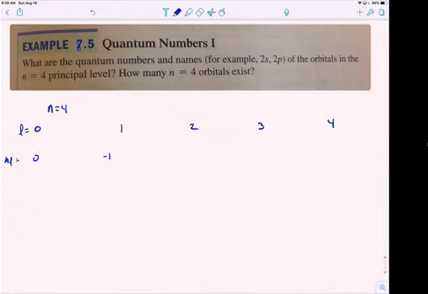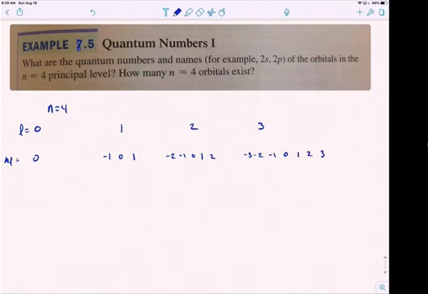For 1, it's minus 1, 0, 1. For 2, it's minus 2, minus 1, 0, 1, 2. For 3, it's minus 3. Oh, wait. l cannot be 4. Sorry, it's minus 3, minus 2, minus 1, 0, 1, 2, 3.